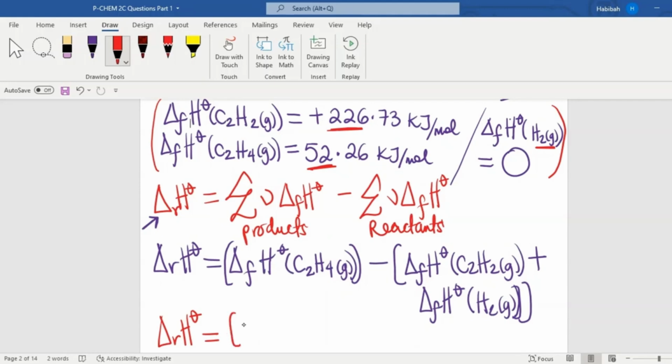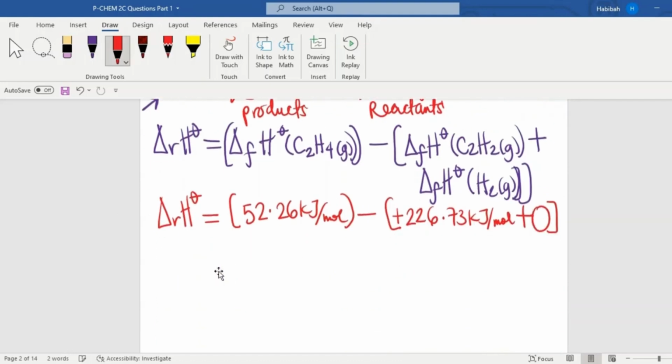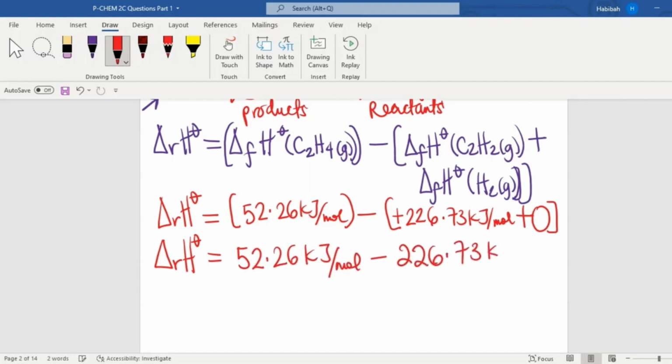So this is going to be 52.26 kilojoule per mole, minus the change in enthalpy of formation for C2H2 gas plus 226.73 kilojoule per mole, plus 0. So that's basically it. Change in enthalpy of reaction becomes 52.26 kilojoule per mole minus 226.73 kilojoule per mole. So that's basically the question, right?